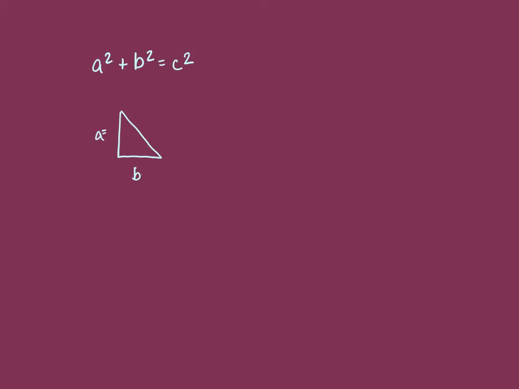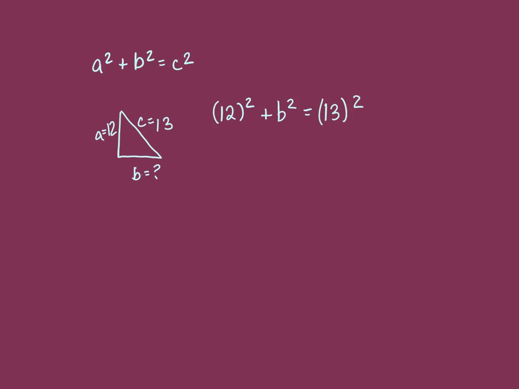We know that A is 12, and in this one we have C, which is 13, and the B is the one that we don't know. So really, you plug what you know into your equation. We know that A is 12, and that we're still going to need to square it, plus B we don't know, so we're going to leave it B, equals 13, and we need to square that as well.